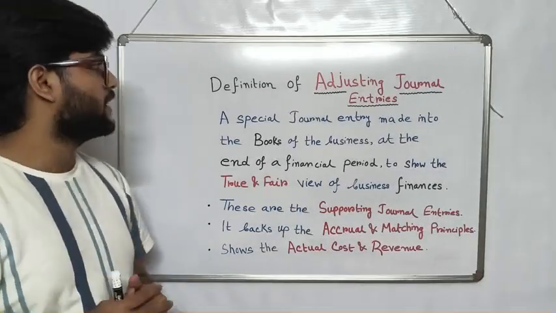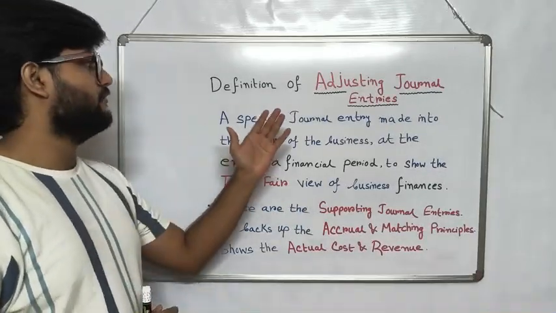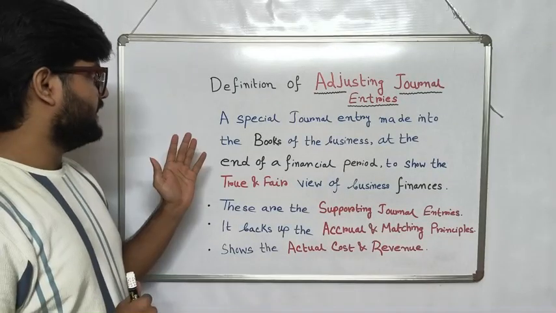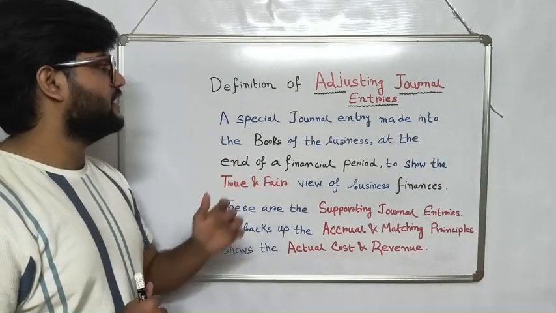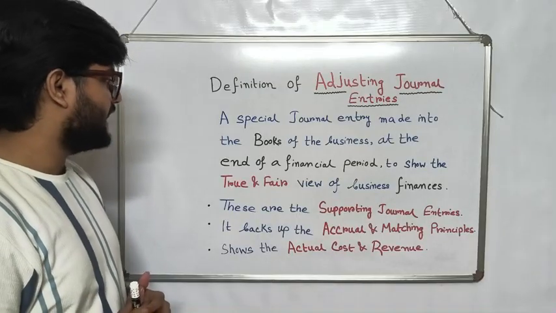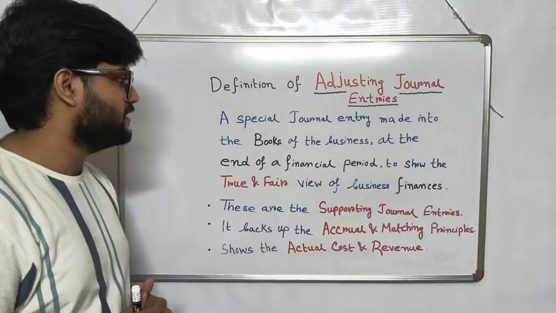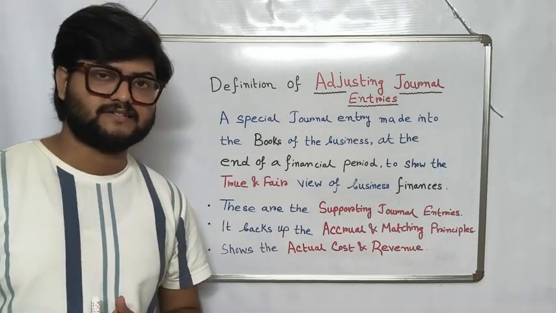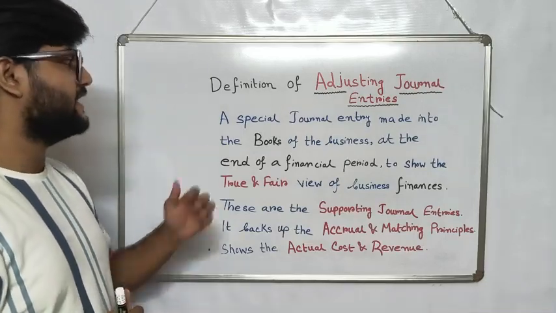Now let's look at the definition of adjusting journal entries. It says it is a special journal entry made into the books of the business at the end of a financial period to show the true and fair view of the business finances. So let's break it down.